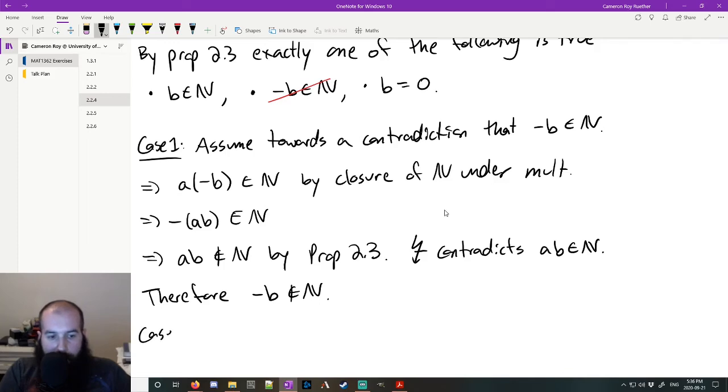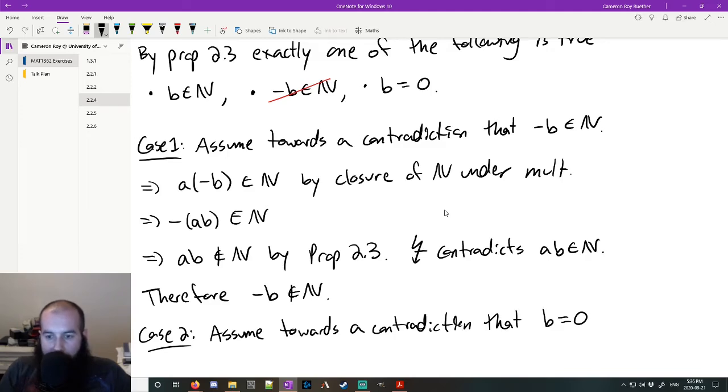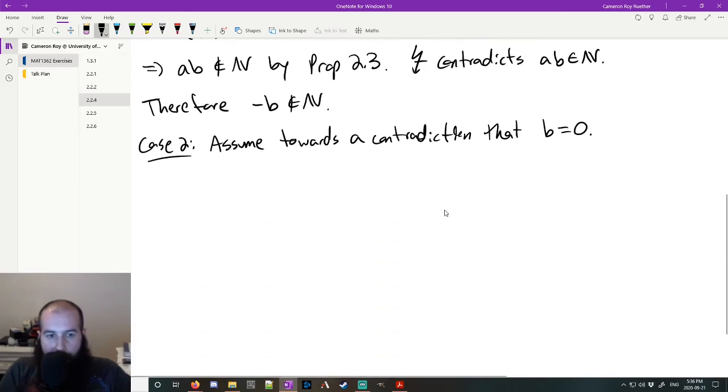Case 2. Let's assume towards a contradiction that b is equal to 0. Well, then a times b is equal to a times 0, which we know is equal to 0.